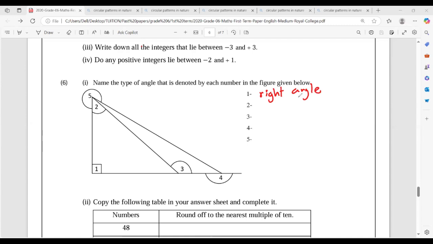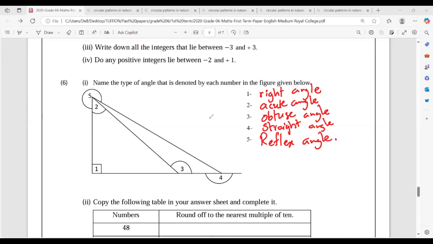And 2, 2 is acute. 3, 3 is obtuse. And if you take 4, 4 is a straight angle. And 5, the 5 is a reflex angle. I hope you understand all this, right? So let's go to the next point.